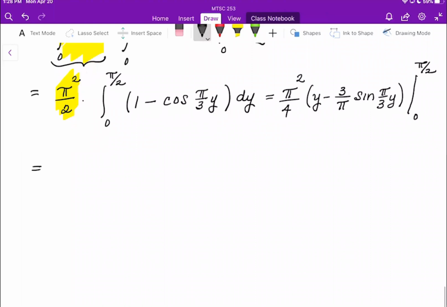So I have pi over 4 times pi over 2 minus 3 over pi times the sine of pi squared over 6.